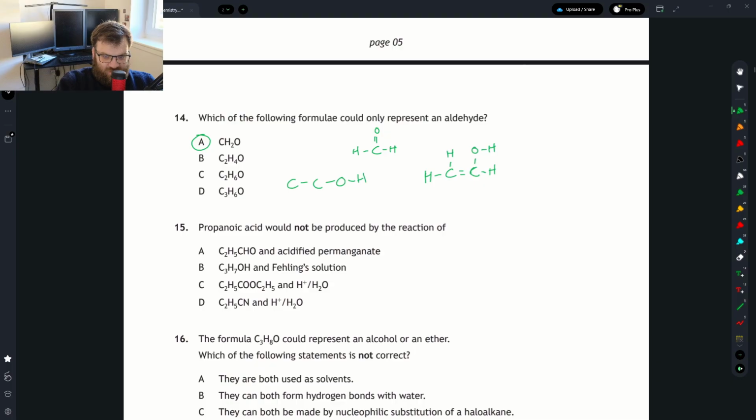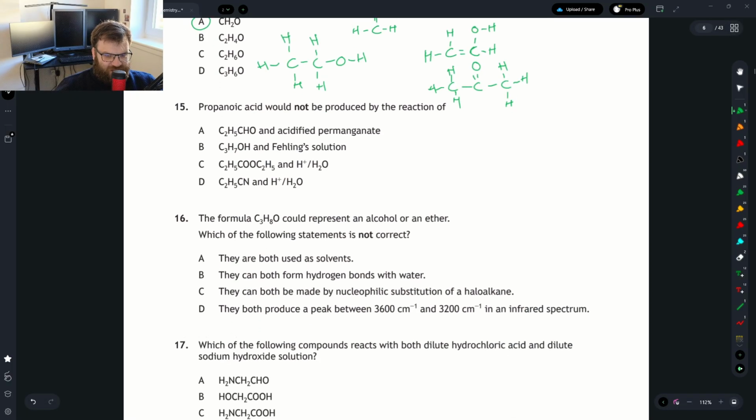That could be an alcohol. There's another option for that one. And then the last one, we could have a ketone with the double bond O in the center with your 6 hydrogens split on the left hand side and right hand side. The first one, that's the only way you can draw that one.